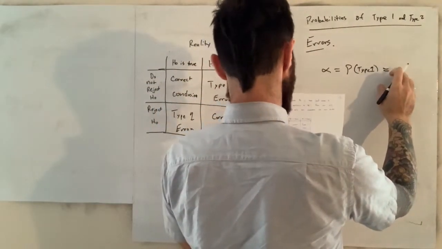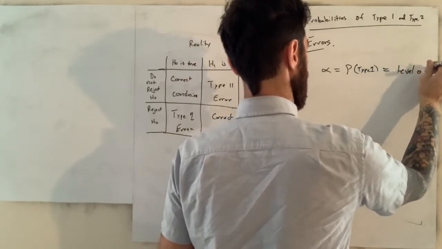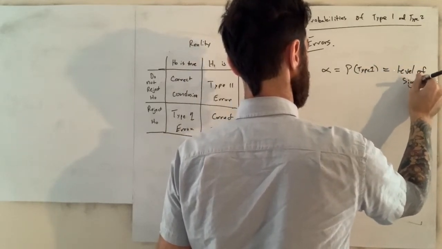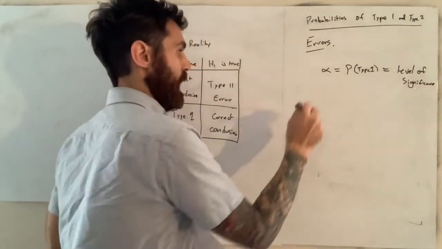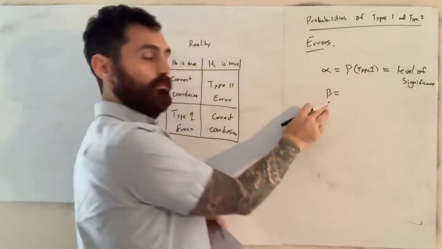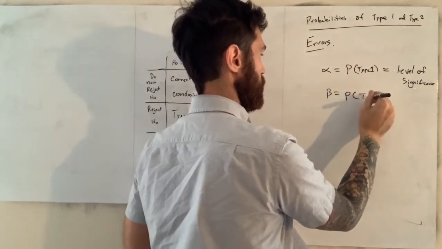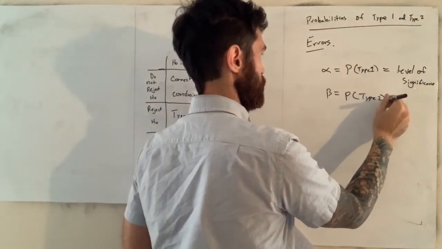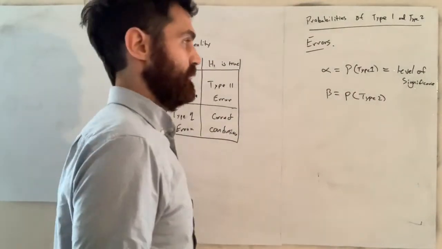This is called level of significance. And beta is the symbol we use, so this is pronounced beta. It's just another Greek letter. This is what we use for type 2 error. And that doesn't have a special name like level of significance.